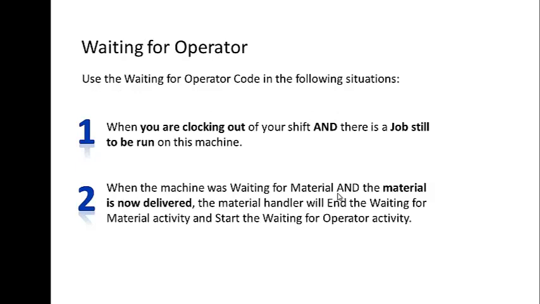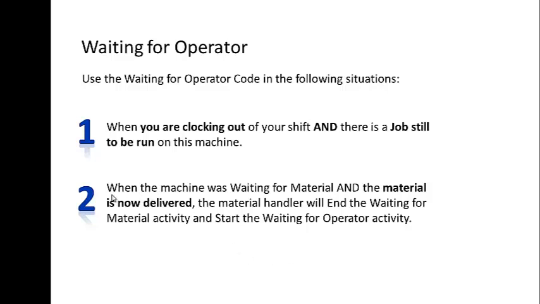Waiting for operator. This code we want you to use when you are clocking out of your shift and there is a job still to be run on this machine. This may be that the next shift is going to run this job, or possibly not, but we want to be able to track when you're clocking out and there is still a job that should be, or if there is an operator available, would be running on that machine.